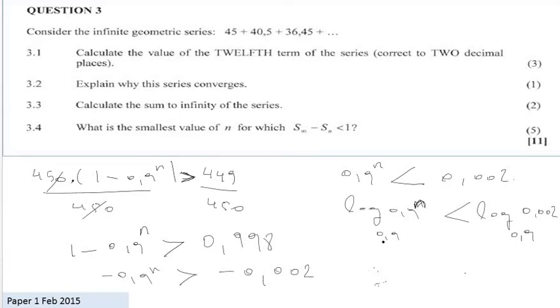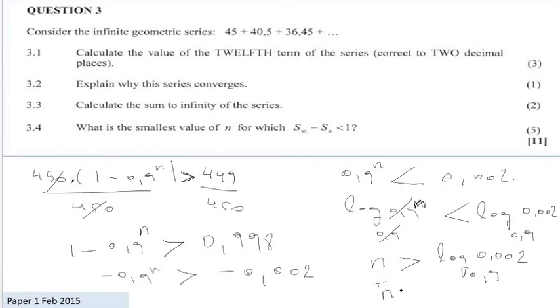So another way we are going to say, these two can cancel, so that we are going to remain with n. Instead of using this orientation, I'm going to turn it. So now we just need to say log base 0.9 of 0.002.